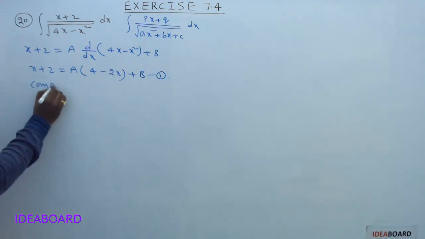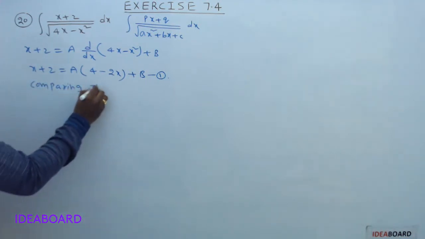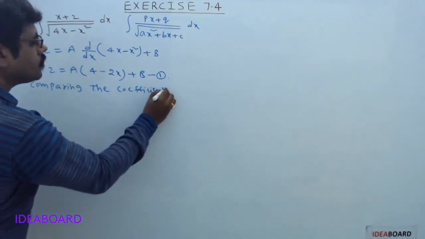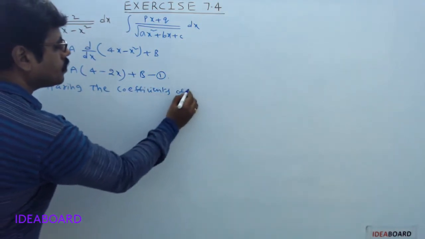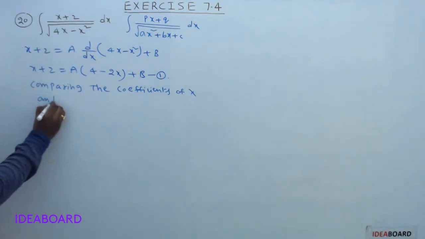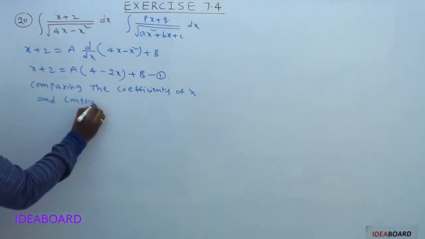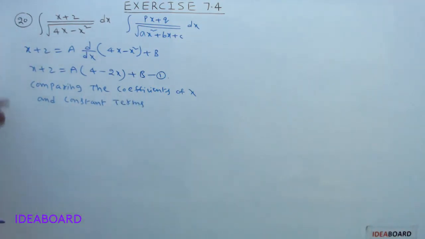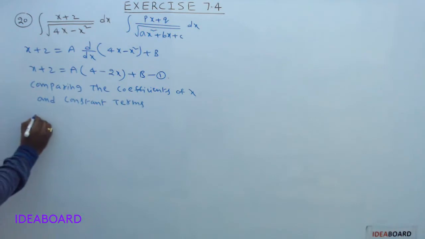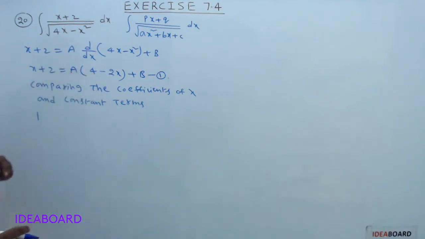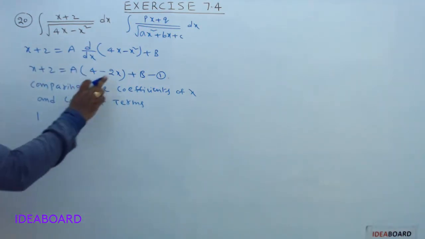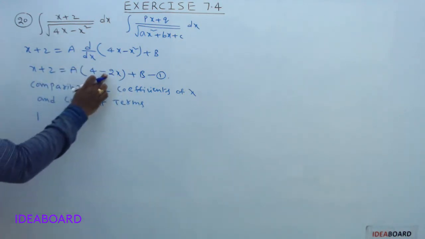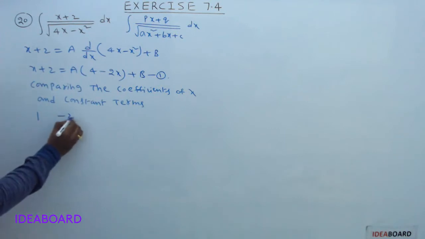Now comparing the coefficients of x and constant terms. Now, what is x coefficient in the LHS part? 1. Now, what is x coefficient in the right hand side? X coefficient is minus 2 multiplied with a, so minus 2a.